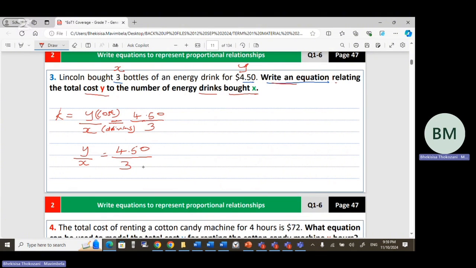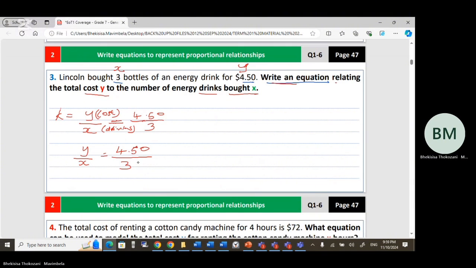So you just divide. Now you ask yourself, how many threes in 450? So here we have 150. So you can see that the constant of proportionality is 150.